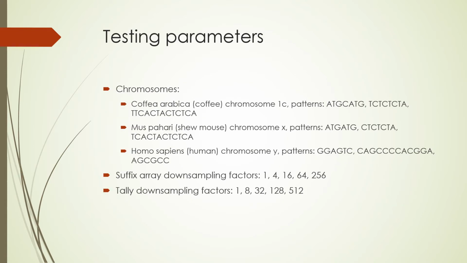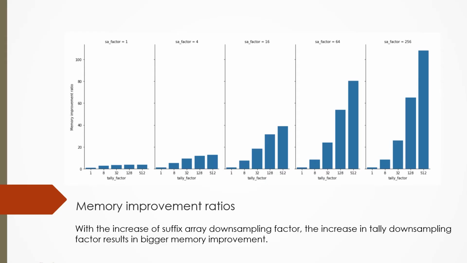Testing data are sequences of nucleotides from 3 different chromosomes of different species. These sequences are matched against their respective patterns. This search is then executed for all combinations of suffix array and tally downsampling factors. Execution time and memory consumption are dependent on text and pattern lengths.